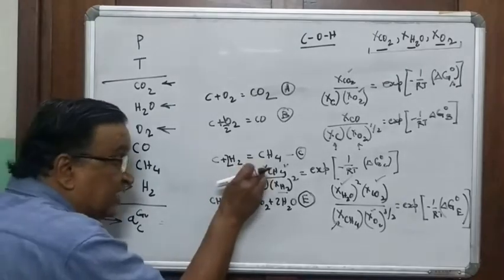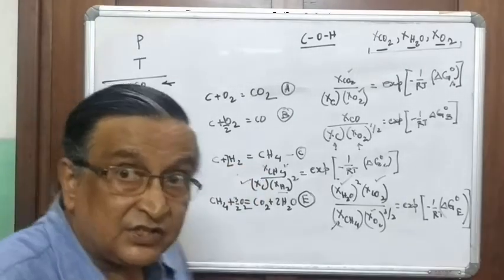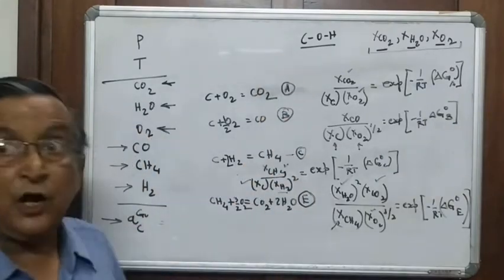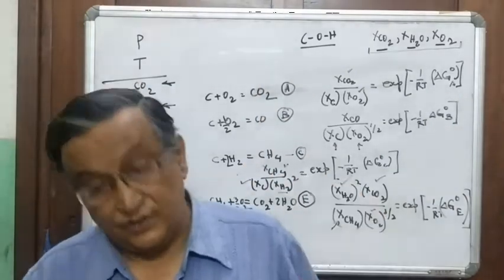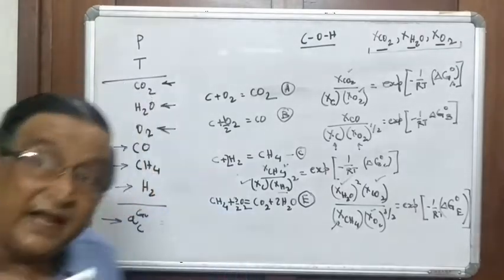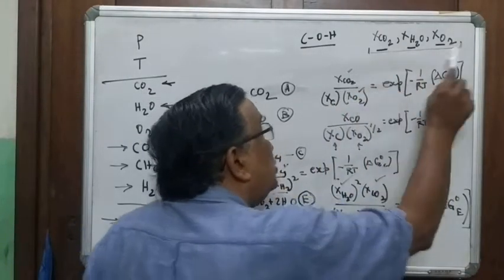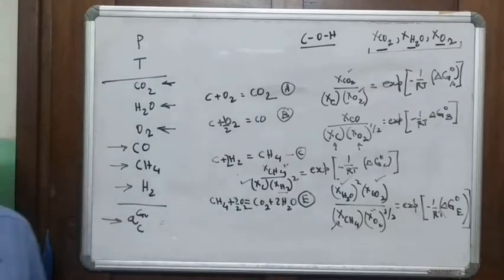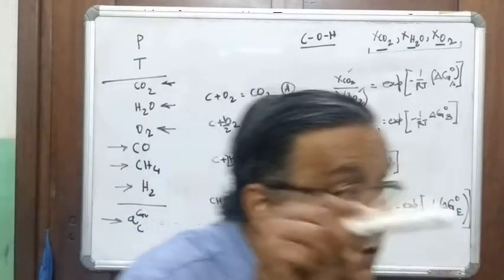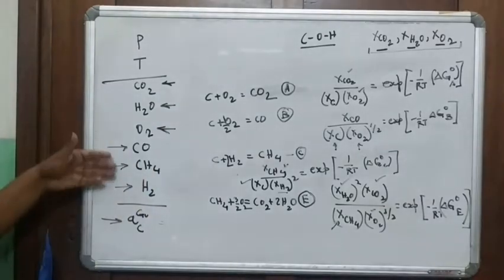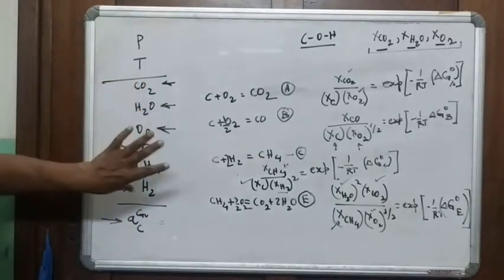I had a reaction before which I have erased, but I have 4 equations, and all of them are independent reactions. Why have I changed it? So as to suit my input variables, or the variables that I have determined.